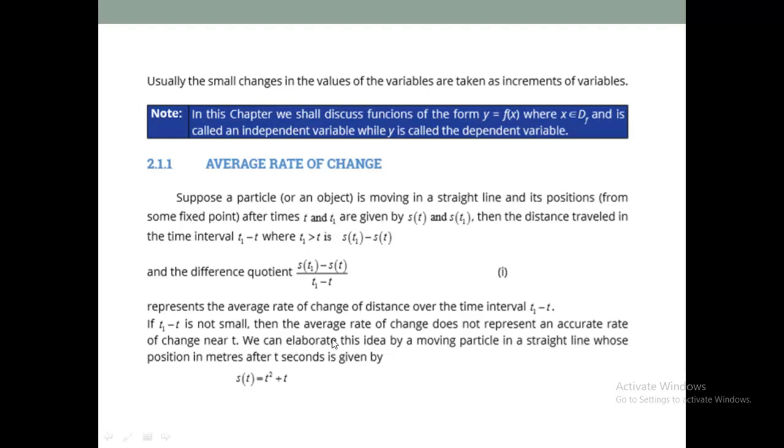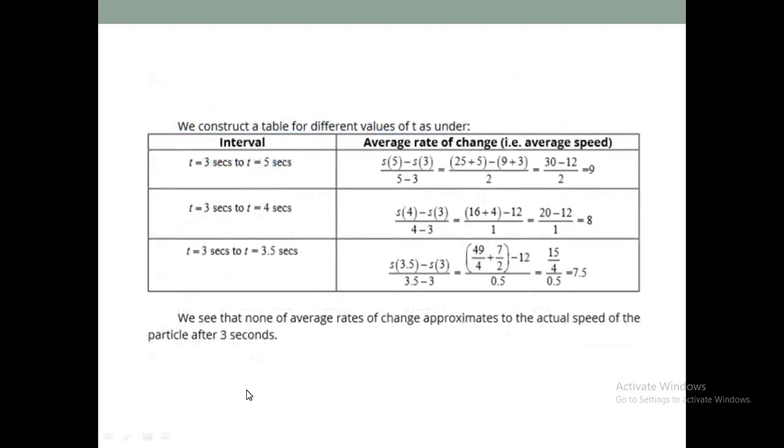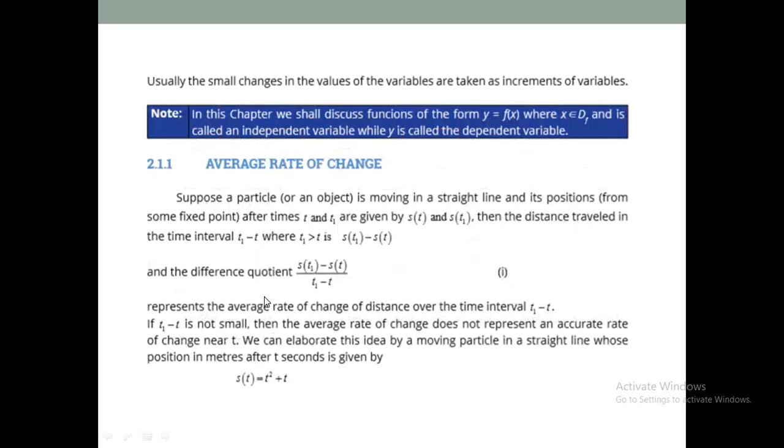We can elaborate this idea by a moving particle in a straight line whose position in meters after t seconds is given by the equation t square plus t. Now we construct a table for different values of t as under. We put t equal to 3 and t equal to 5 in this function t square plus t.